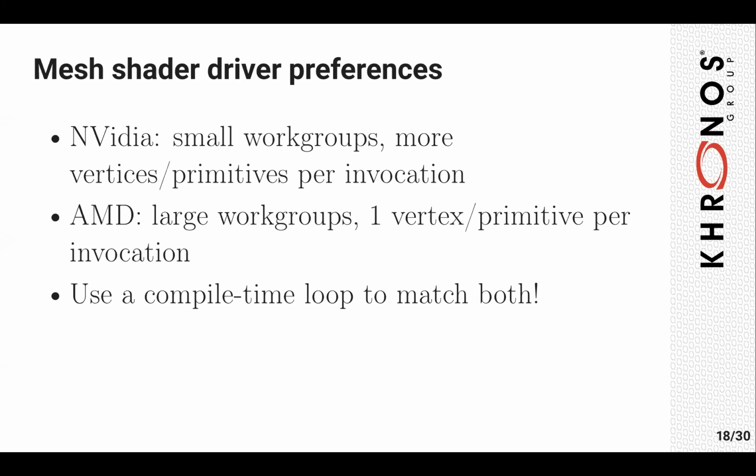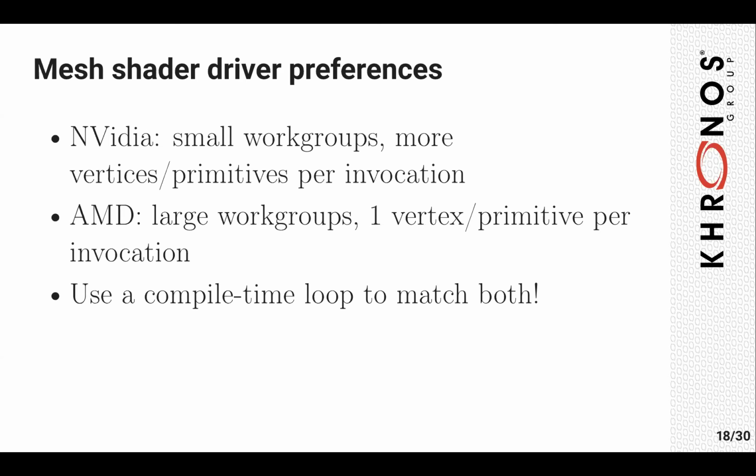But if you do just that, it will perform horribly on AMD's hardware, because AMD recommends that you use larger workgroups. By small, I mean like a workgroup size of 32. By large, I mean 64, maybe 128.